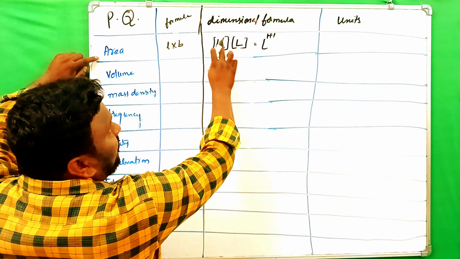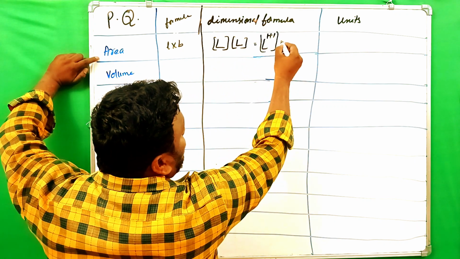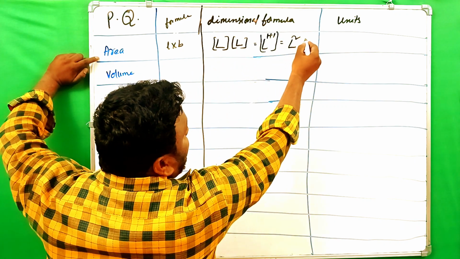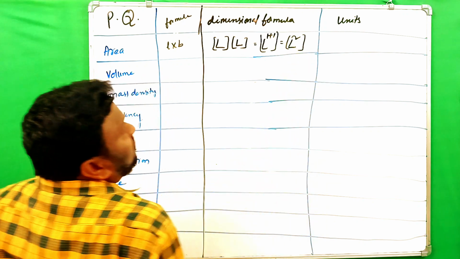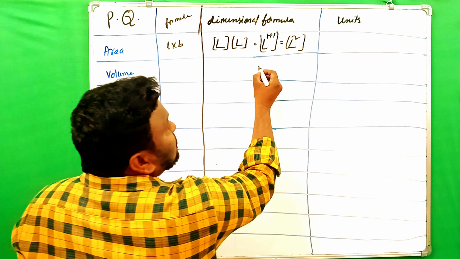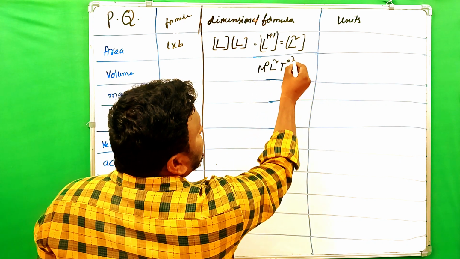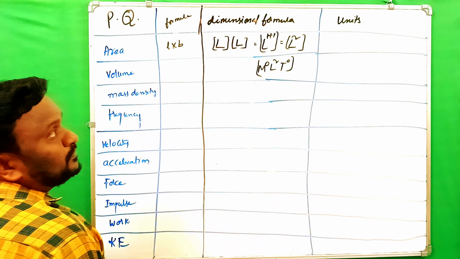When bases are equal, we have to add the exponents. Now what is it? It is L square. L square is the dimension formula of area. So we can write it as m to power of 0, L square and t to power of 0. Clear?